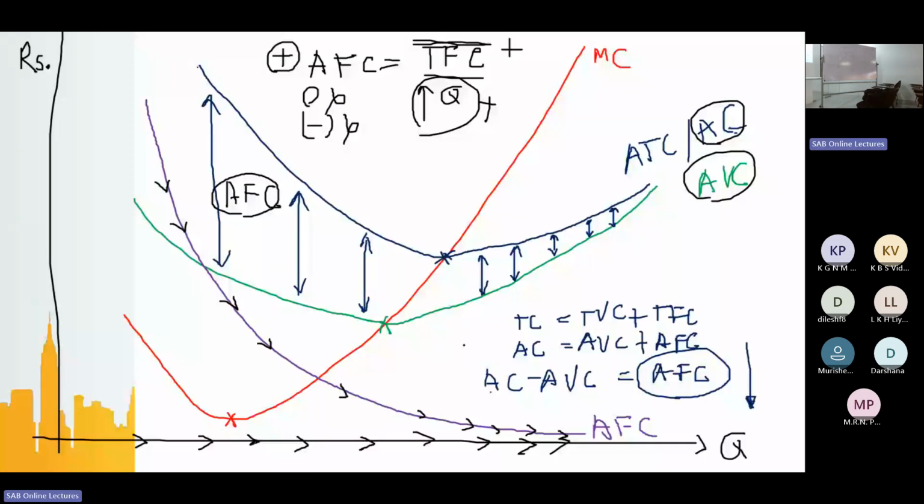You observe when average variable cost is minimum, marginal cost passes through that point. That means at this point, marginal cost is equal to average variable cost. So that is what we see through these numbers.